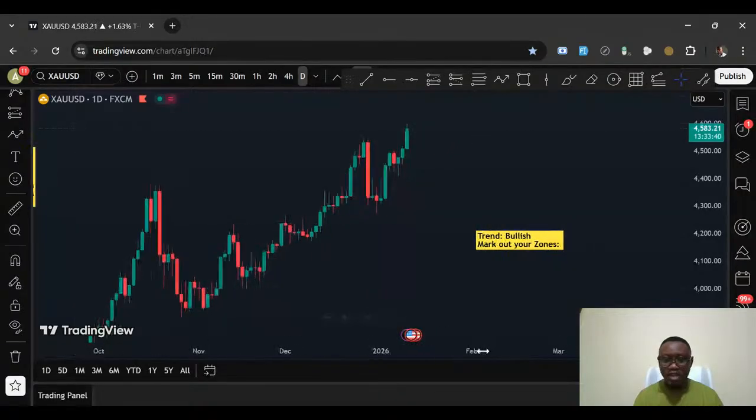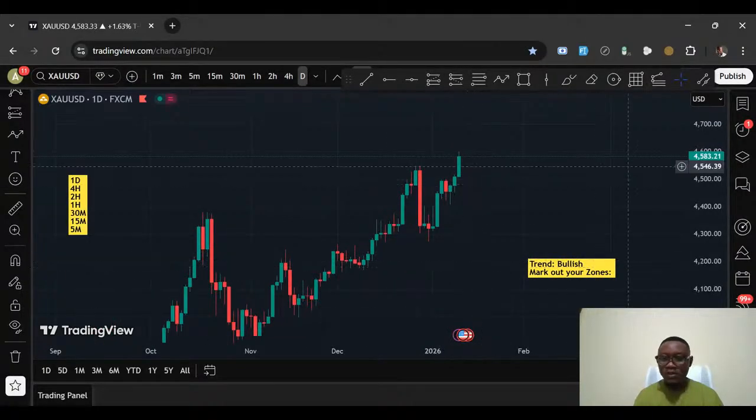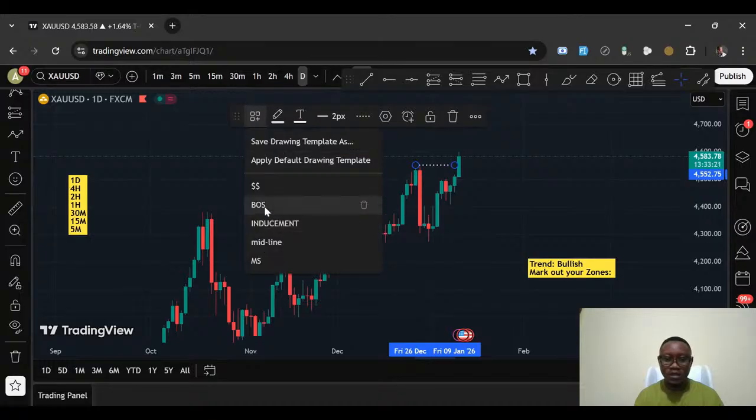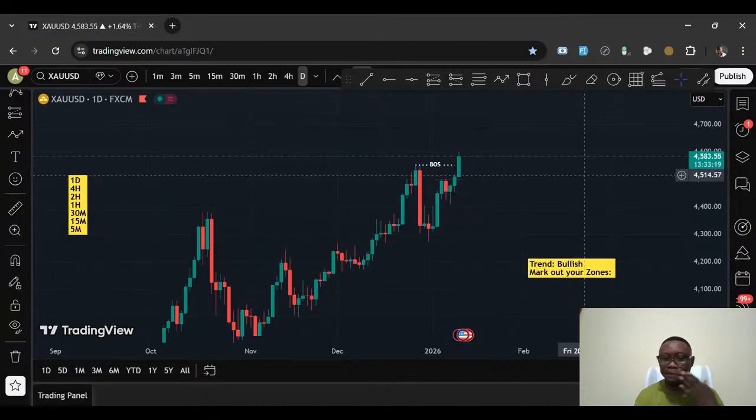Now, if you look at this chart, here we have the most recent break of structure, which is this. Okay. So I'll just mark it as BOS, right?